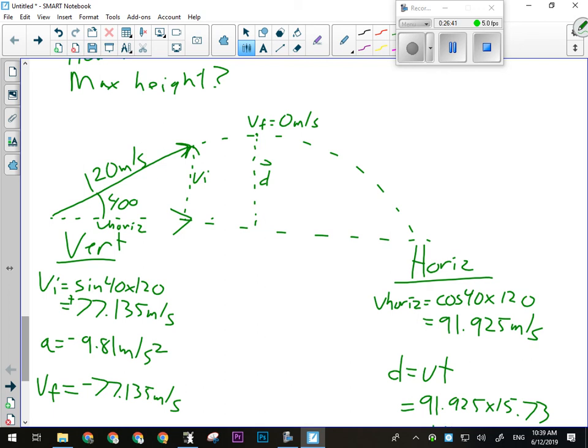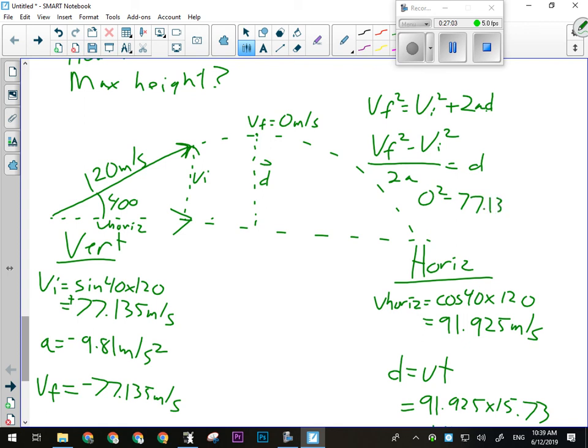So VF is 0 at that point, which means I'm going to use VF squared equals VI squared plus 2AD, and I'm going to manipulate for D here. So that'll be VF squared minus VI squared divided by 2A. So 0 squared minus 77.135 squared divided by 19.62.